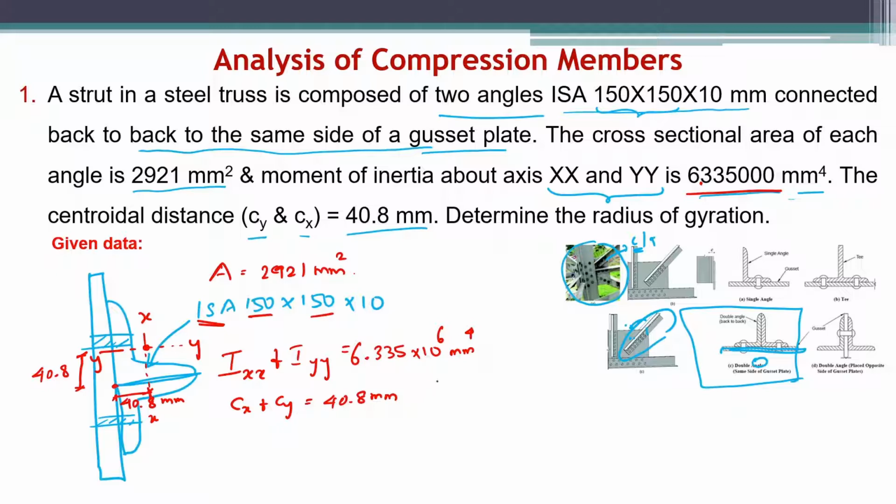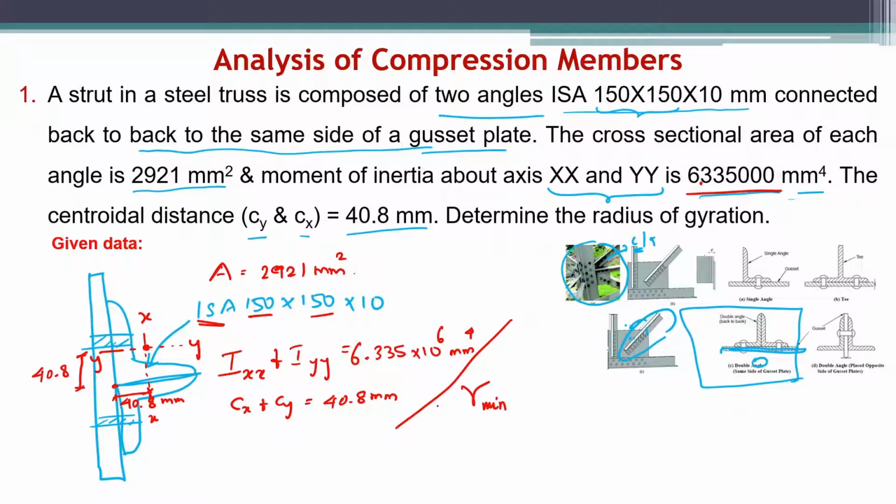We need to find out the radius of gyration r. So here we need to find out r minimum, because that is where the buckling failure is going to happen. Whichever axis has the minimum radius of gyration or minimum moment of inertia, that is where the buckling is going to happen.